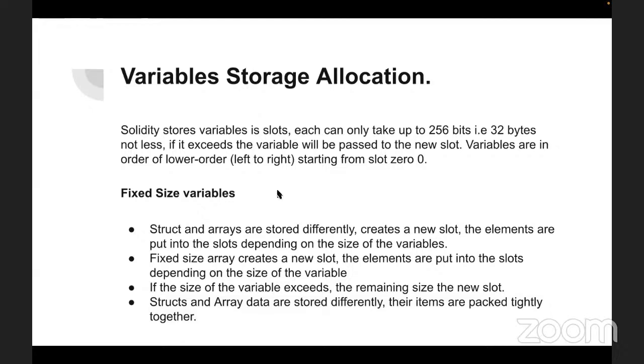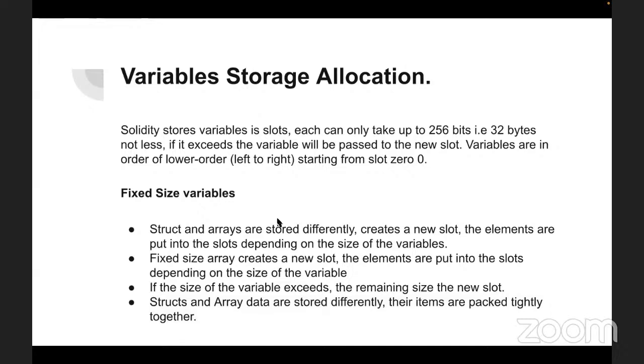Variables are ordered from lower order, that is from left to right, starting from 0. For fixed size variables, struct and array are stored differently. They create new slots. The elements are put into the slot depending on the size of the variable.